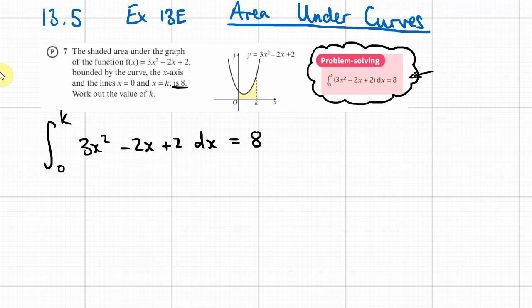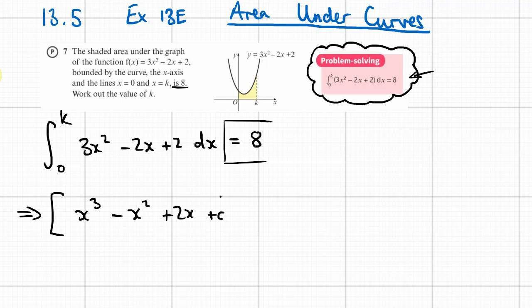So we get set up with this, and they've helped us out by setting it up for us over here. I'm going to ignore this equals 8 for a bit. I'm going to bring that back in right at the end once I think I've done enough work to form an equation. I'm just going to integrate this. Integrating my function here, I'm going to get x cubed minus x squared plus 2x plus c, and we're going to do that between the limits of k and 0.